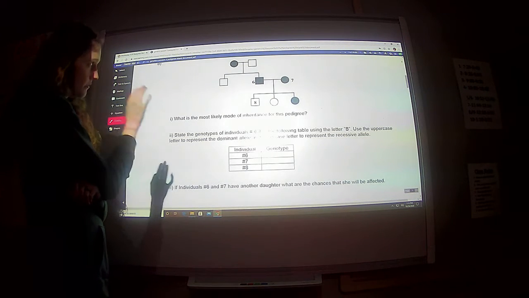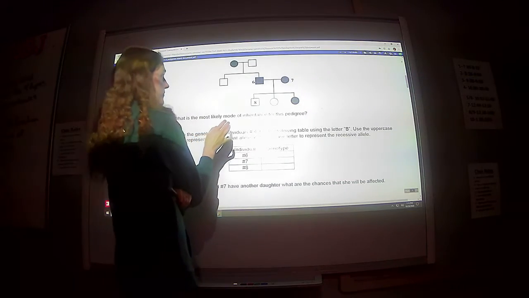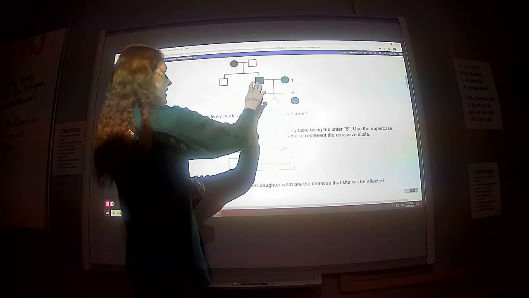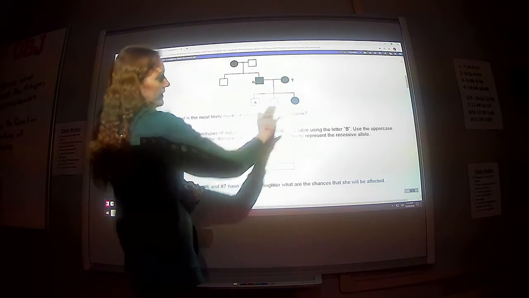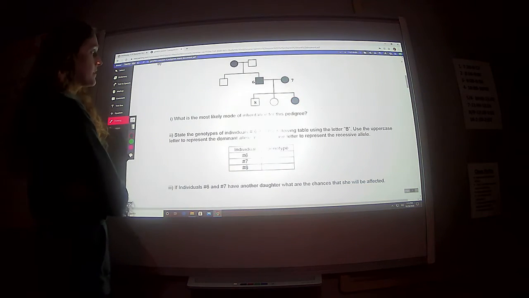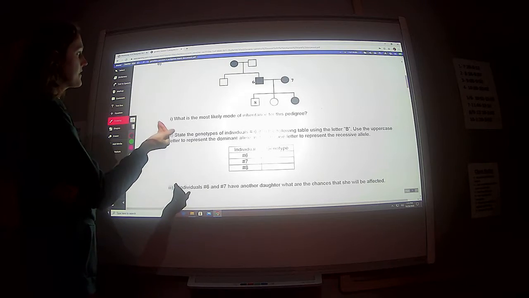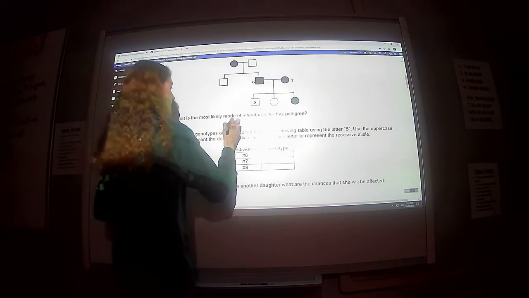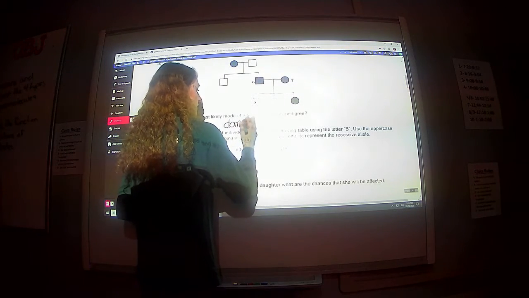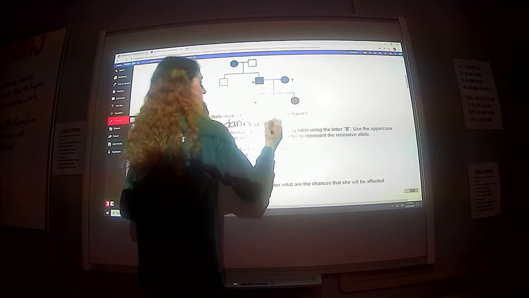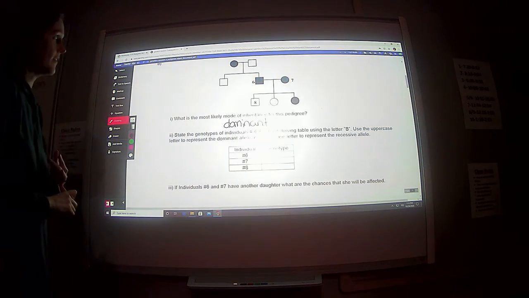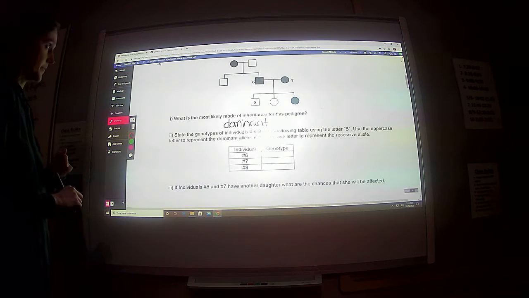If this was a recessive disorder and the parents had it, all of their kids would have it since they are themselves affected. So that is telling me that this disorder must be dominant because all you need is 1 allele to have it, not 2.